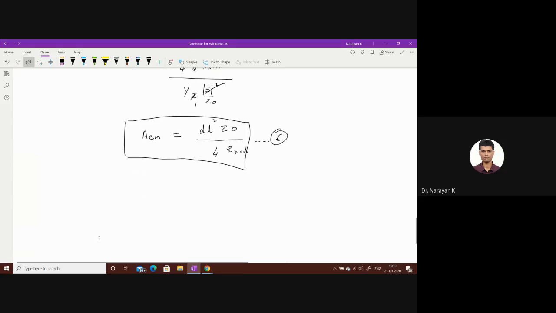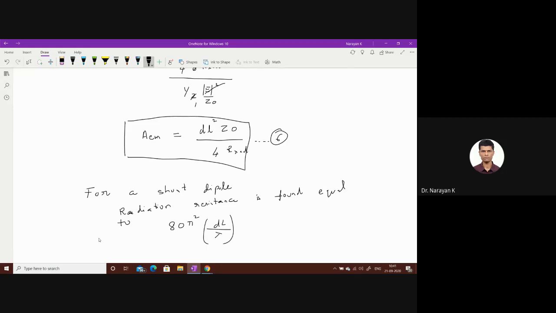Now please write down, for a short dipole, radiation resistance is found equal to 80 pi square DL by lambda whole square.